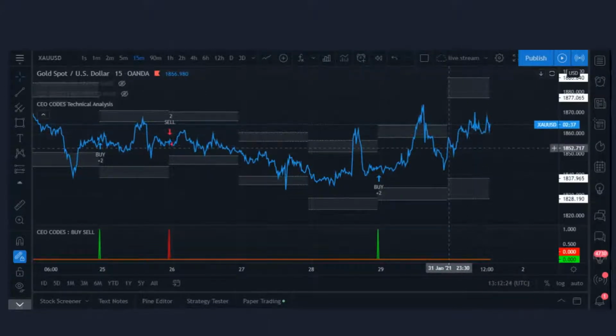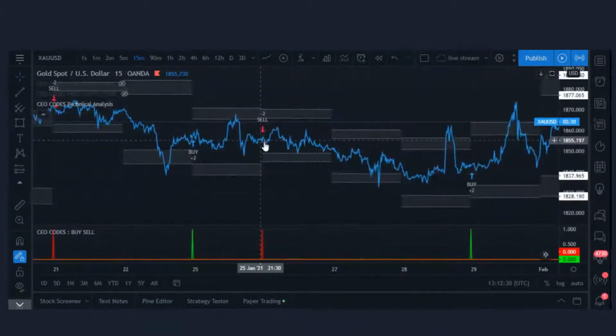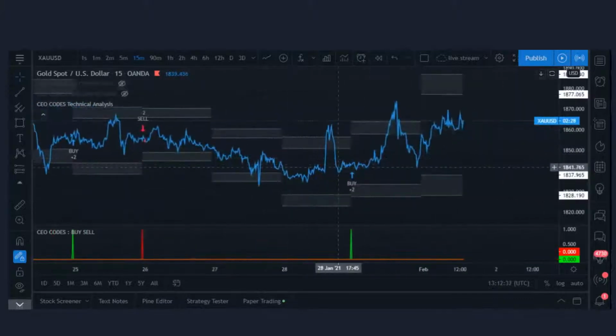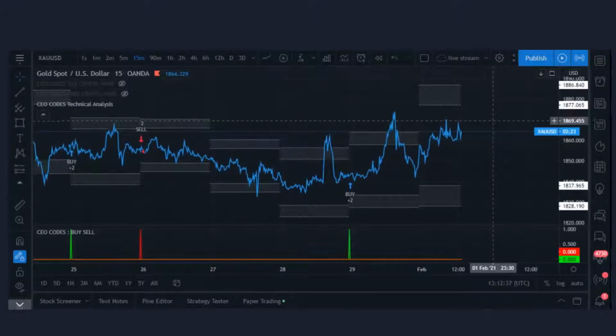I think it will keep ranging like this. As we can see, there are just little moves here. It did reach the trend, but let's see if the dollar keeps going a little bit down like that. I think the gold will expand.